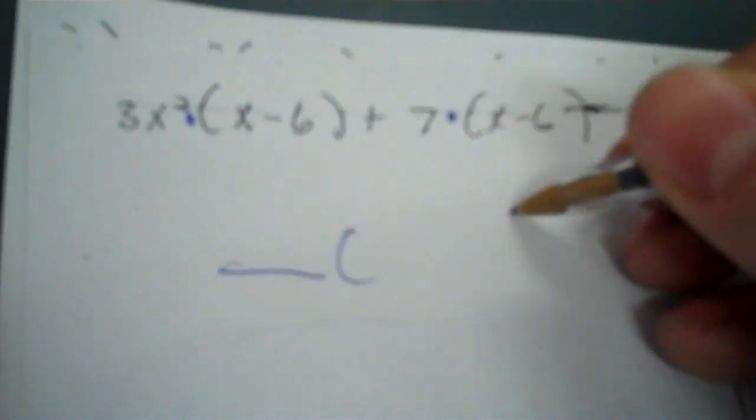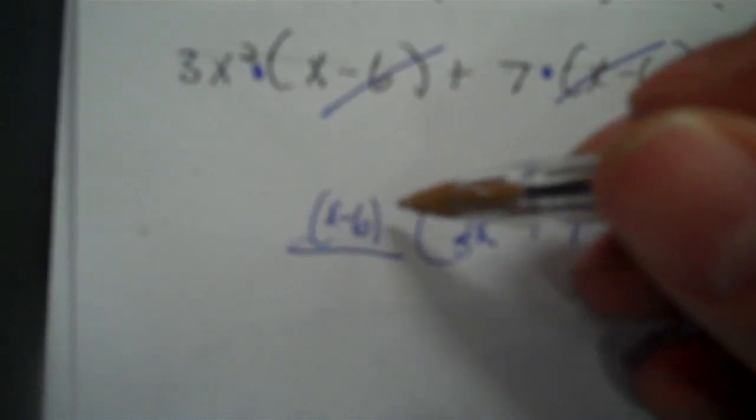Okay, next problem. Little parentheses, bigger parentheses, so x - 6 goes out here. Then you put 3x squared plus 7.